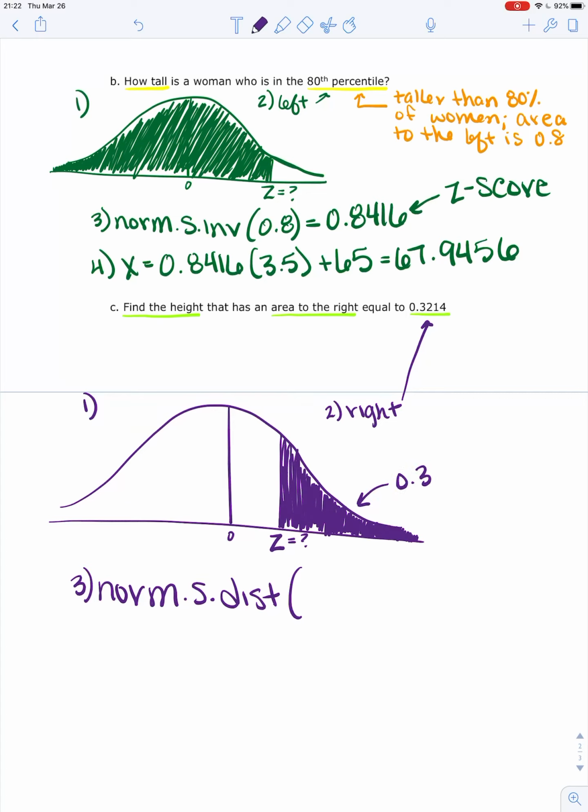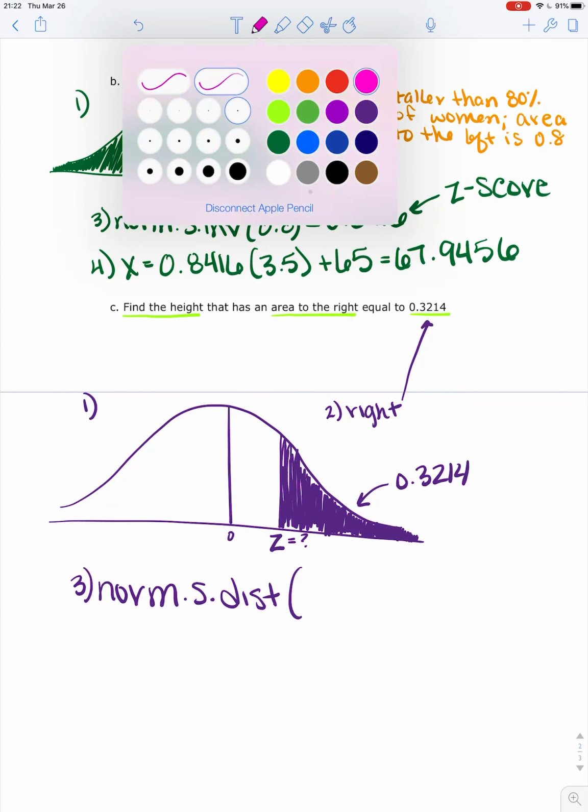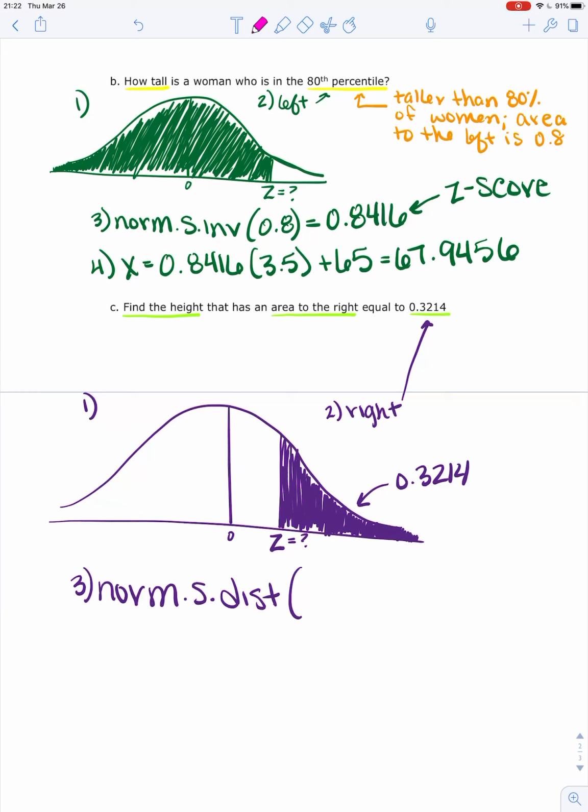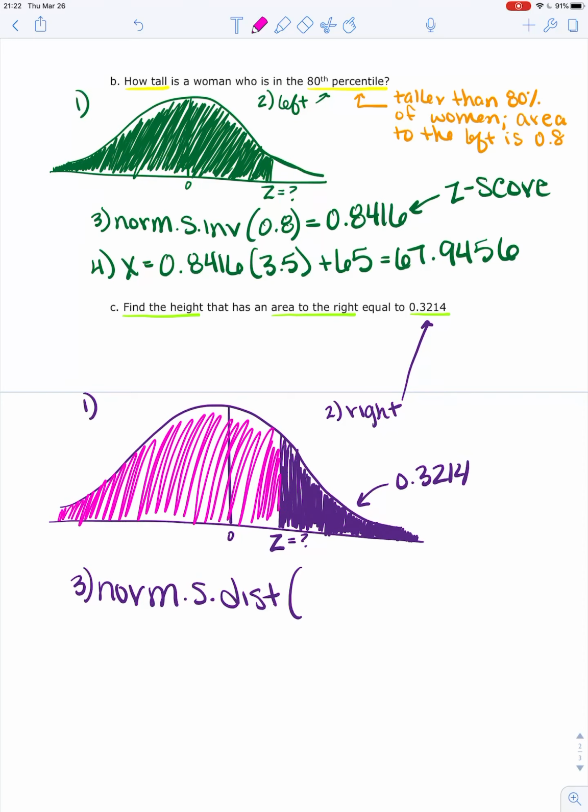So we have 0.3214 on the right. In order for Excel to give us the right value here, we need to find the area to the left. We need to find this area in pink. This is what I want to enter into Excel, because it's the area to the left of my unknown z-score.